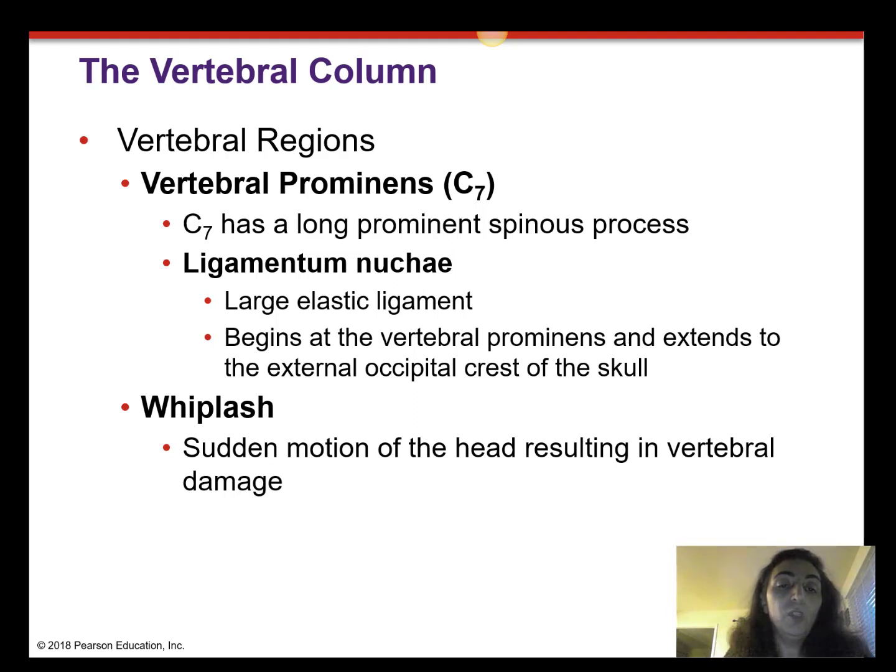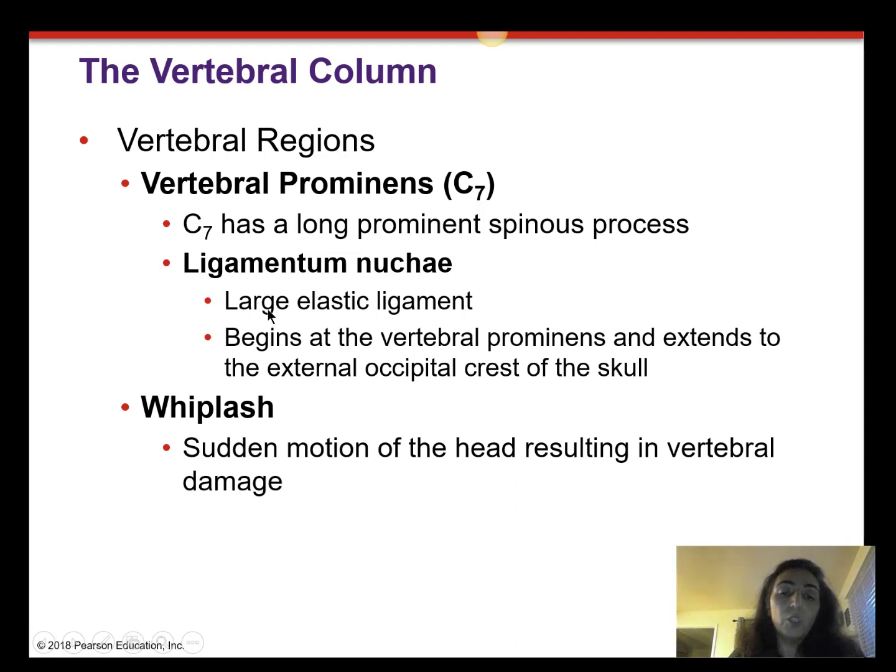And the last one from the cervical region that we said is important is C7, which we call the vertebral prominence. It has a long prominent spinous process. So this is the place where a ligament starts, attaching to C7. We call it the ligamentum nuchae.